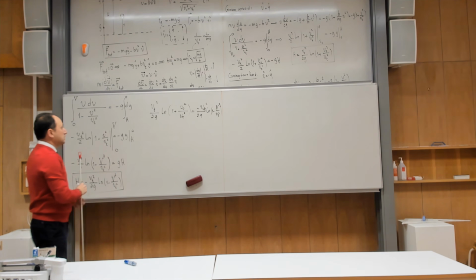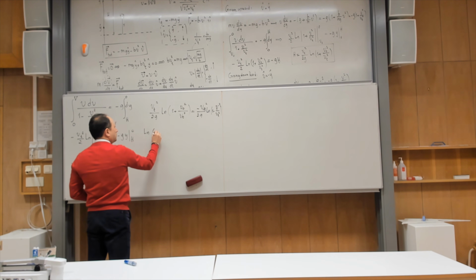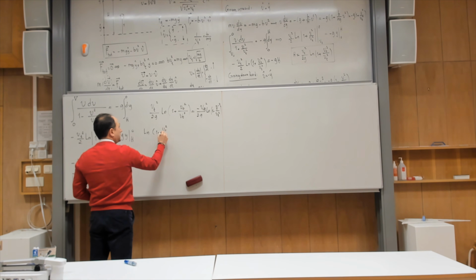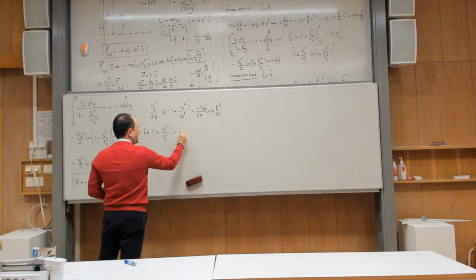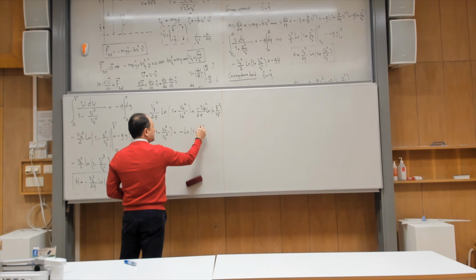Okay, so I can simplify that, then I will get ln of 1 plus v node squared over vt squared is equal to minus ln of 1 minus V squared over vt squared.